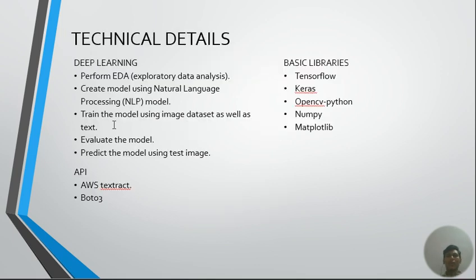For the implementation, I can use some deep learning techniques, perform exploratory data analysis, and create the system using natural language processing as well as image recognition. Basically, in memes there are two types. The first is natural language processing, just like when you put text on social media, for example Twitter, where you can tweet.